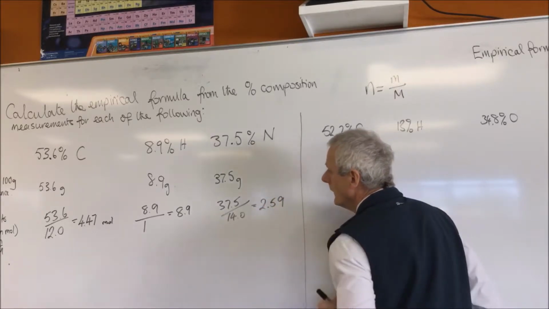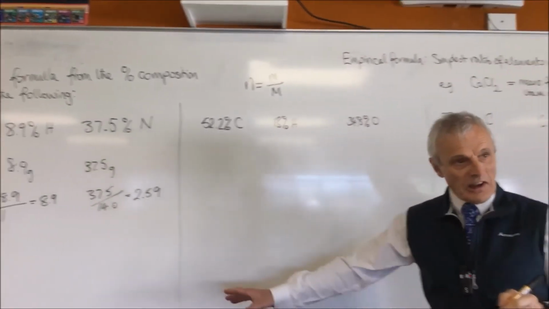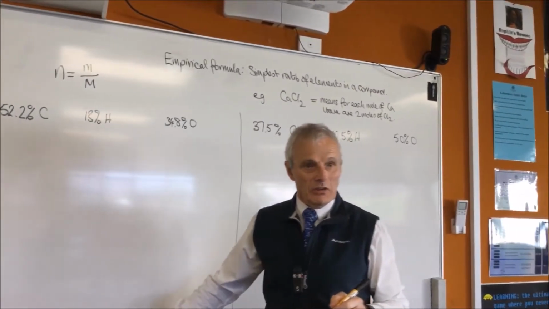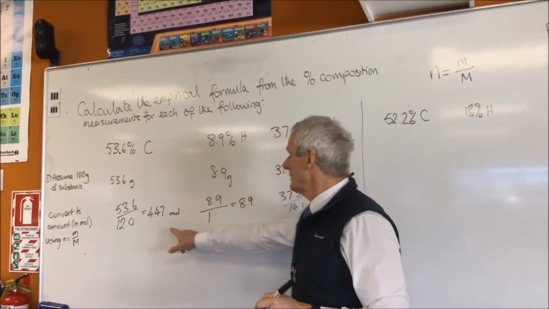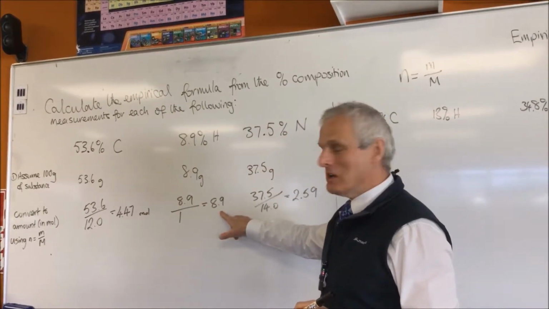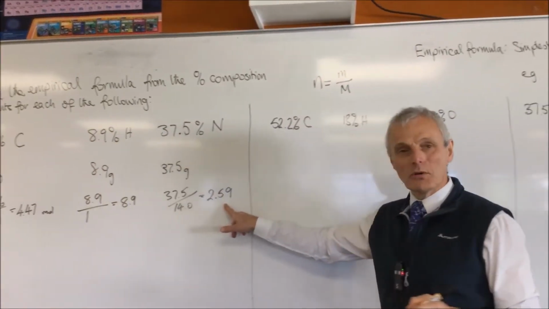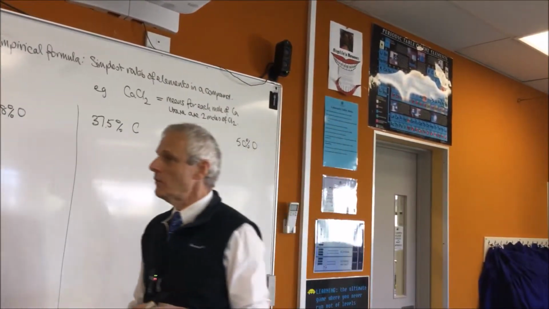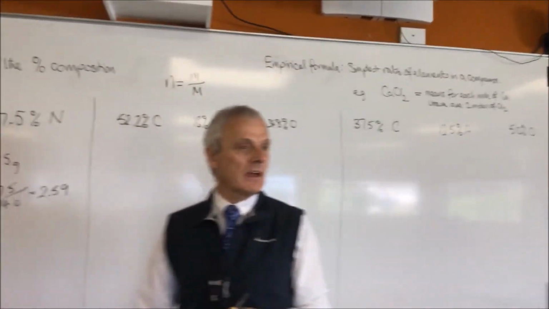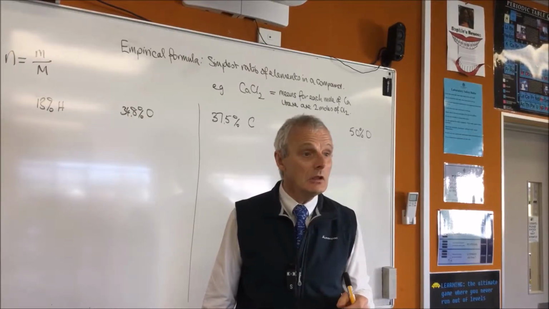2.59. Now, that's telling us then that the formula is C 4.47, H 8.9 and N 2.59. Well, that's not the simplest ratio, so we can't use that as our formula. So how can we simplify that as our first step? Divide by the smallest?